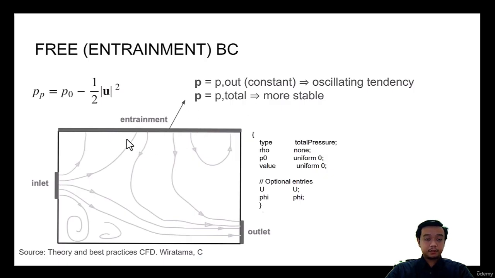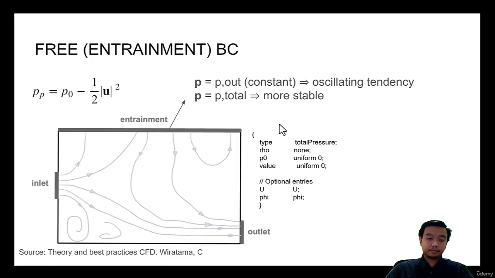It will work for the outflow, but for the inflow it sometimes becomes underpredicted because we don't have any dynamic pressure in it. So sometimes it is beneficial to use the total pressure instead. So we can consider the velocity or dynamic pressure for the entrance flow, but it will not be an issue if you are just using it for the outlet or inlet.